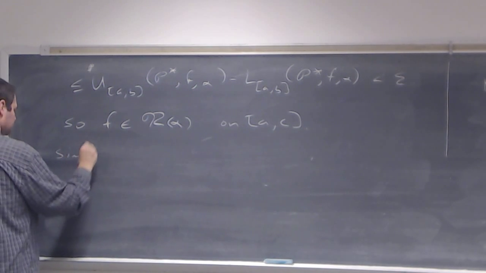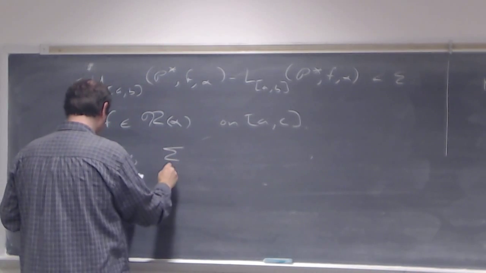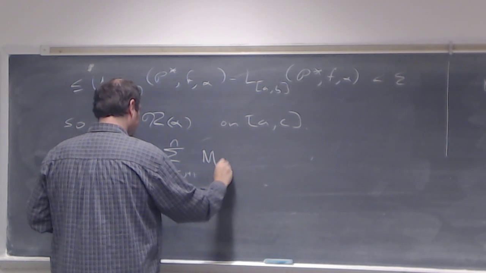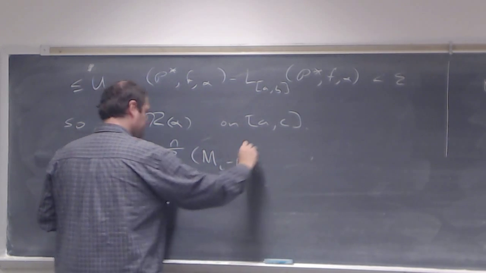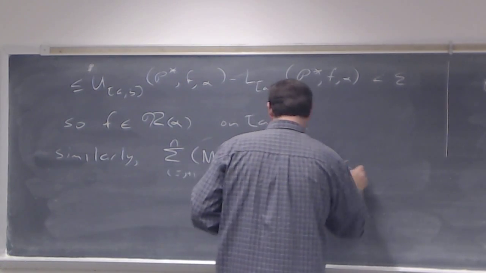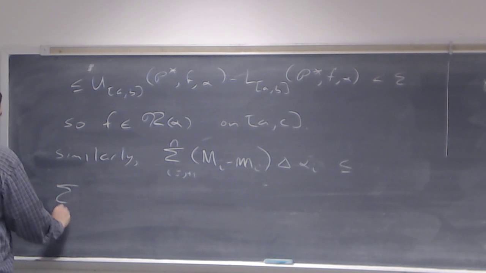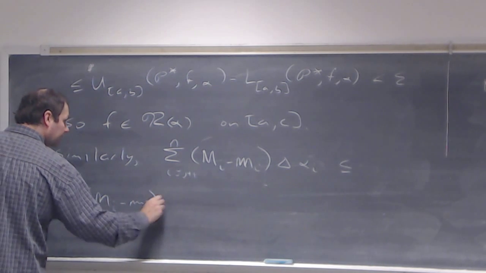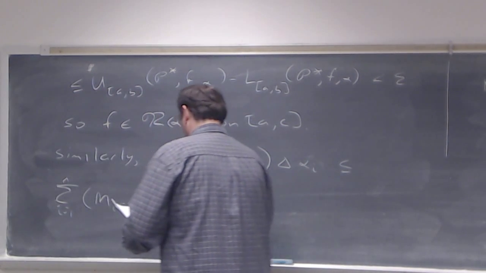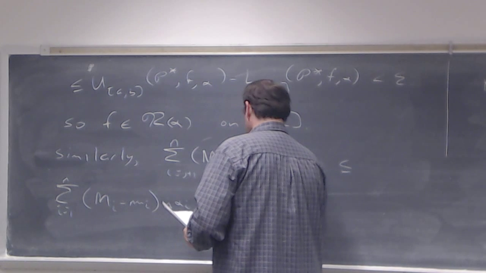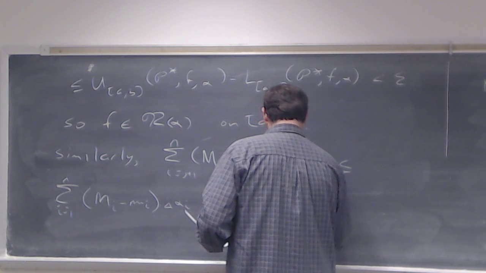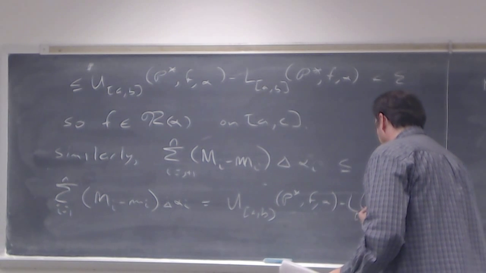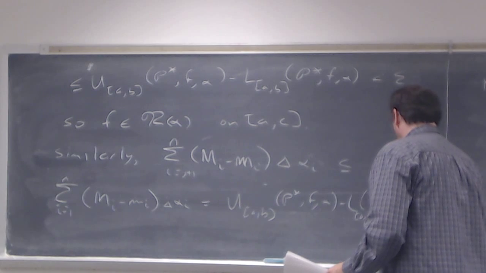Similarly, the sum as I runs from J plus 1 to N of M sub I minus little m sub I times delta alpha sub I will be less than or equal to the sum I runs from 1 to N of M sub I minus little m sub I delta alpha sub I. And of course that's nothing more than the upper sum A to B of this partition star with F and alpha minus the lower sum, that's the last sum that's here, minus the lower sum, A to B again, with this partition star, F and alpha.